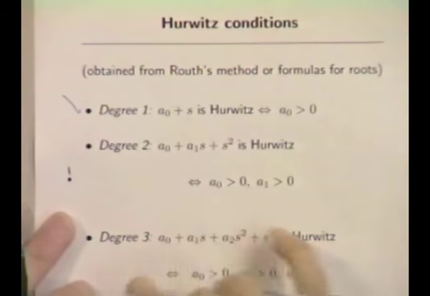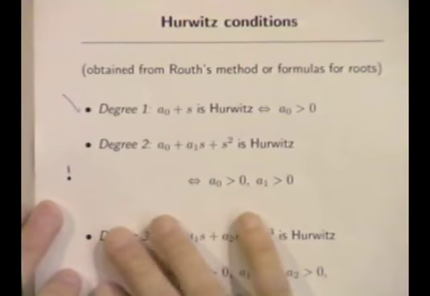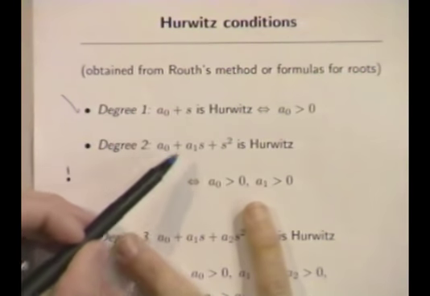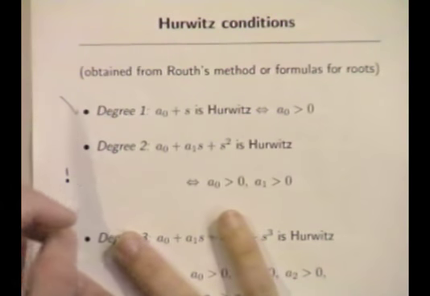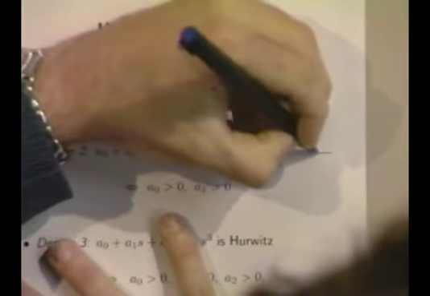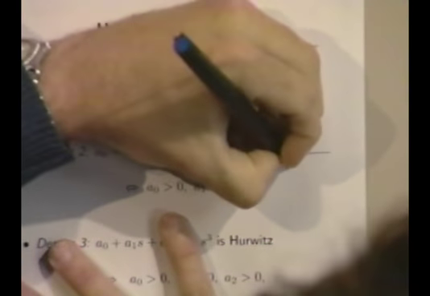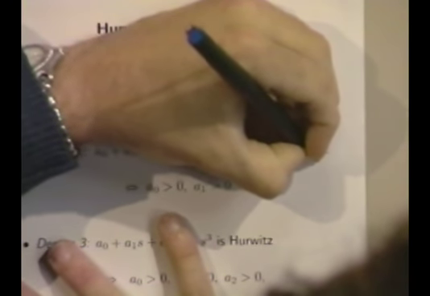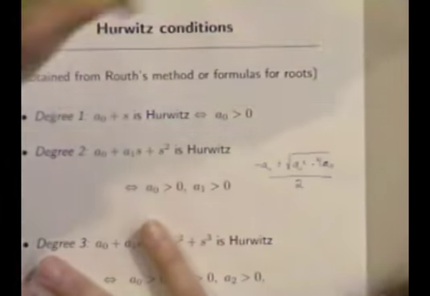If you want to prove this to yourself, one way to do it is to look at the roots that you can get from the quadratic formula. The roots are given by a1 plus minus the square root of a1 squared minus 4 a naught, over 2.